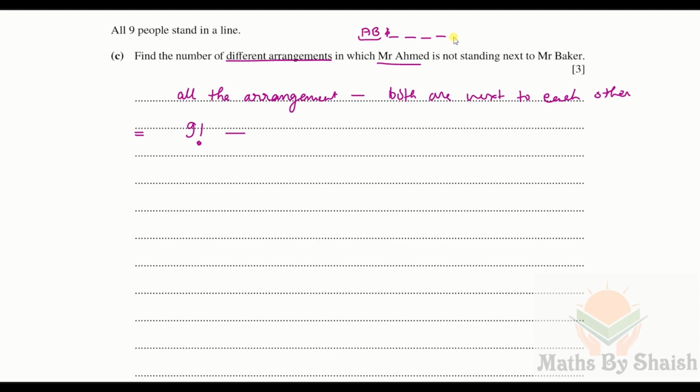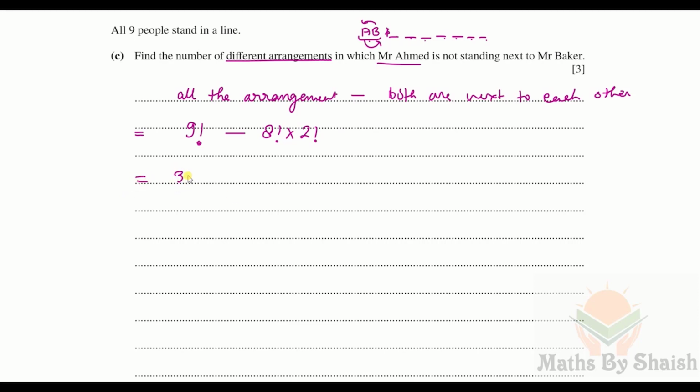Now 1 2 3 4 5 6 7 and then 8. So we can arrange these 8 people in 8 factorial ways, and of course they can interchange their place. Baker can be here and Ahmed can be here, so it can be done in 2 factorial ways.